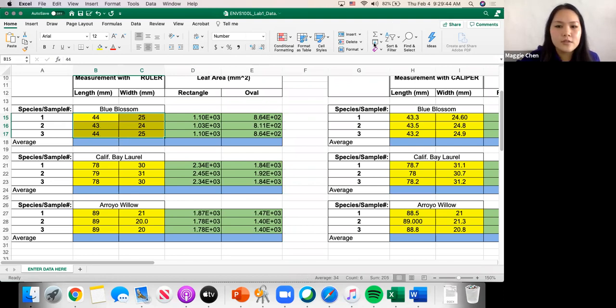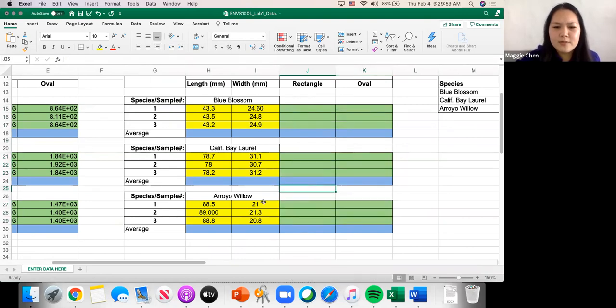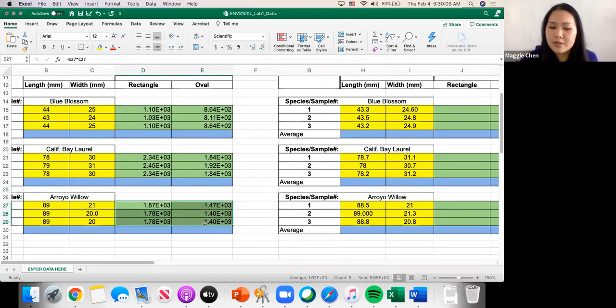There's another question in the chat. Can you show how to auto do them all again? Sure. Let me just take out some of these. The auto populate thing, or just putting in the formulas, it's really just copying the cells with the formulas in them.